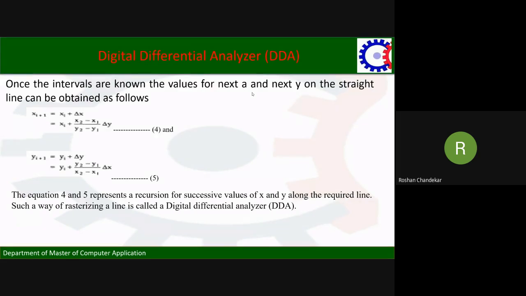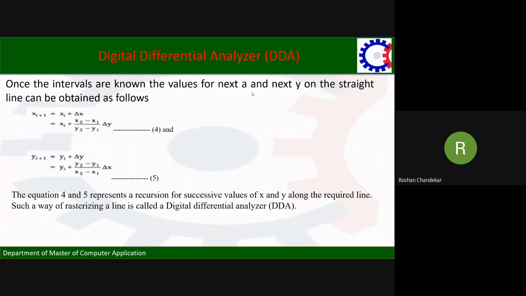Intervals means what are the intervals from one pixel to generating the next pixel. From that interval we generate the next point of the straight line by incrementing the value of x and the value of y. So here we have xi plus 1 is equal to xi plus delta x, where xi is the current point from which we generate the next point, with the addition of delta x.